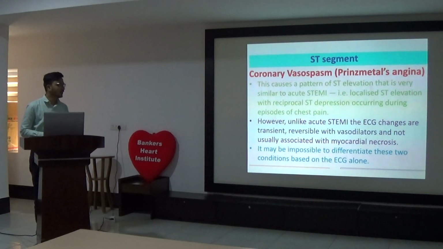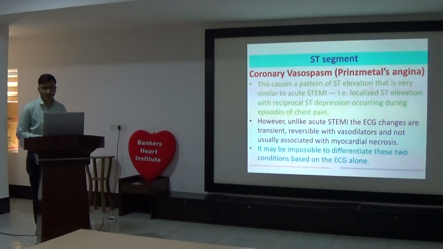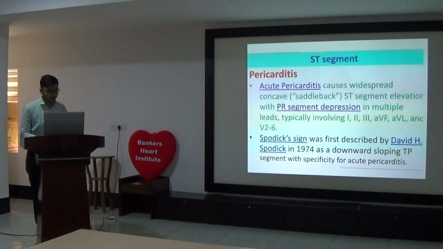But unlike acute ST elevation MI, the ECG changes are transient, occurring during the course of chest pain, reversible with vasodilators, and not usually associated with myocardial necrosis. So this ST elevation goes to normal with vasodilator treatment. It may be impossible to differentiate these two conditions based on the ECG alone, so we have to do other investigations also.